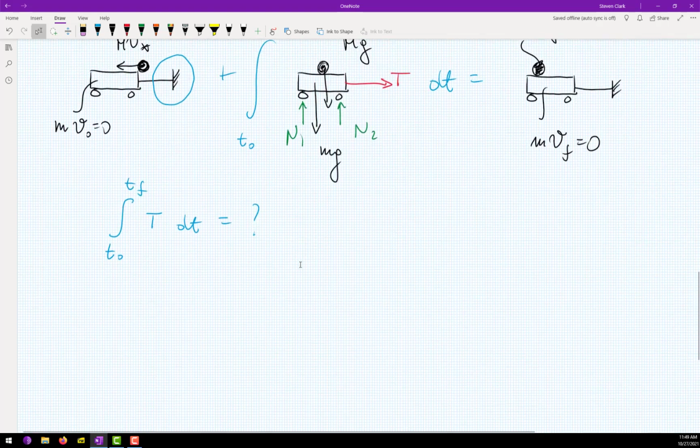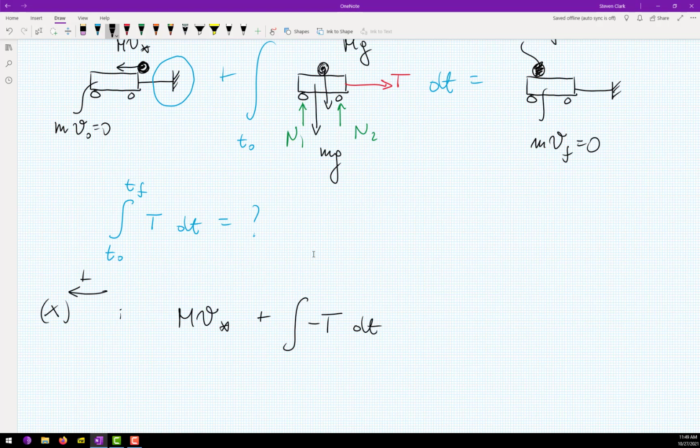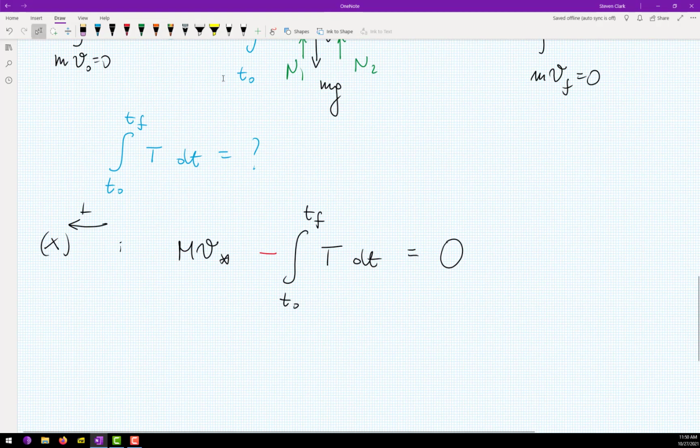Okay, so let's do our momentum equations. Again, in the x direction, with this direction as positive, we will have mv star plus negative integral of T dt from t0 to tf, and this is equal to 0, because there is no motion at the end. Let's call it impulse, or IMP, just to save some ink.